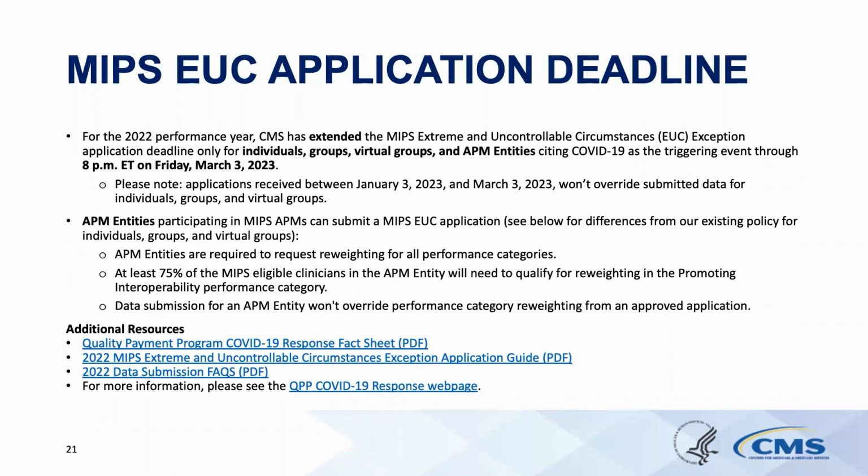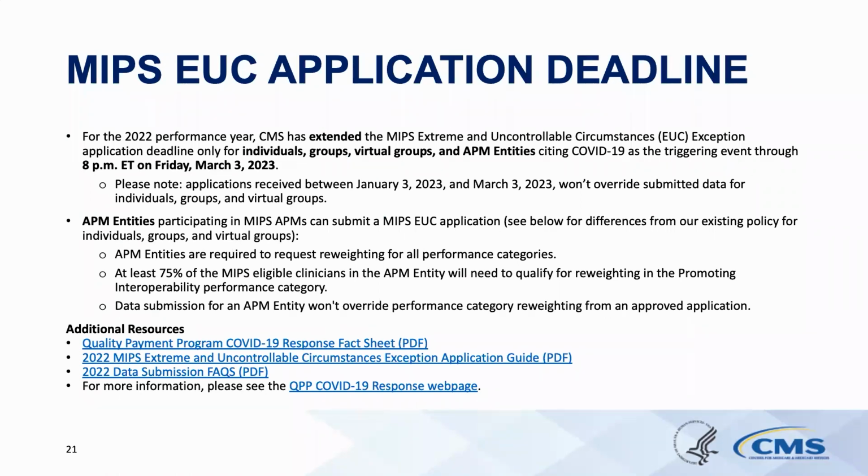Now, for the MIPS EUC application deadline for the 2022 performance year, CMS has extended the MIPS Extreme and Uncontrollable Circumstances EUC exception application deadline just for individuals, groups, virtual groups, and APM entities, citing COVID-19 as the triggering event through 8 p.m. Eastern Time on Friday, March 3rd, 2023.